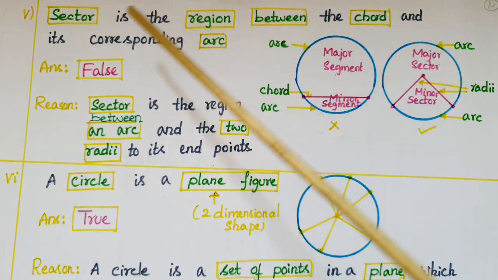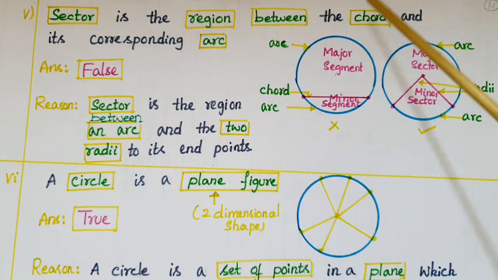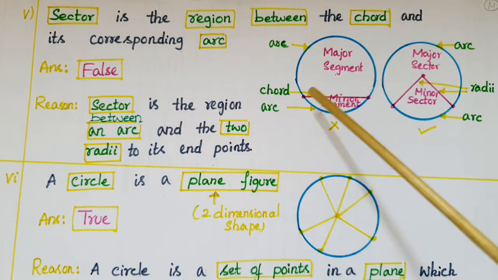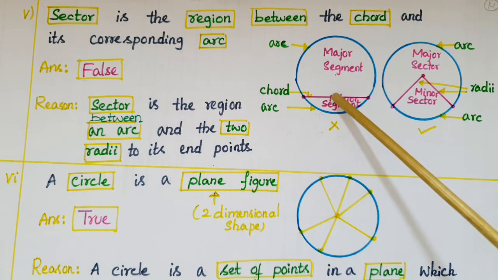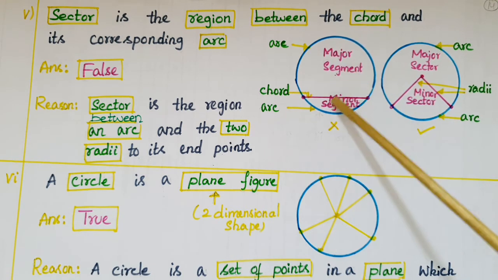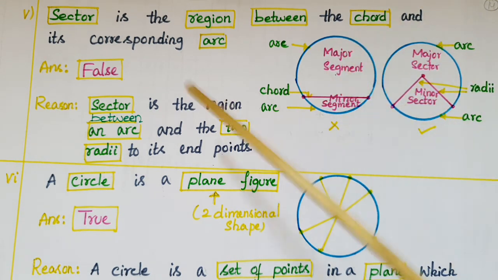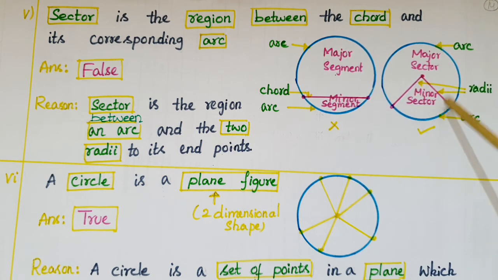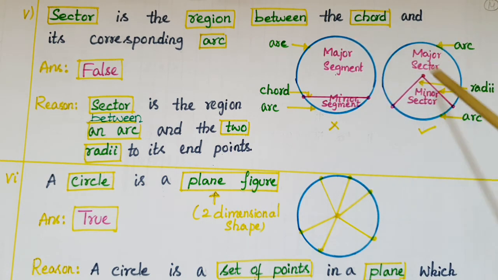Next one is: a sector is the region between the chord and its corresponding arc. This is false because the region between the chord and an arc is called a segment. A sector means the region between the two radii and the corresponding arc. So this is the reason.